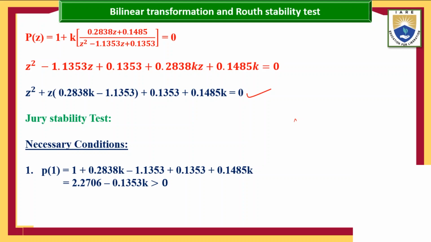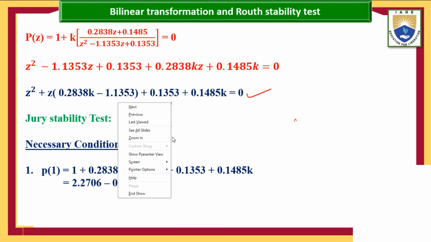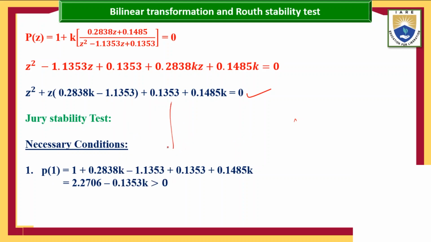We know the necessary conditions for the Jury stability test. First of all, you have to find P of 1. Substitute the value 1 in this characteristic equation. So, 1 square is 1, plus 0.25K minus this value, same as this.